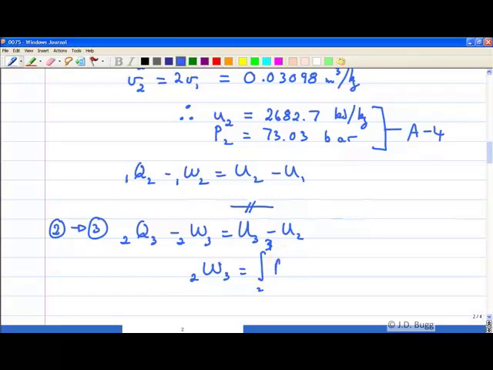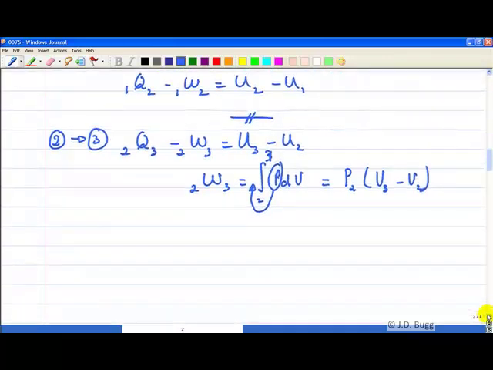So the integral from 2 to 3 of P dV, this is the constant pressure process. So we just take the pressure at the beginning times V3 minus V2. And of course this only works out this way because that pressure is a constant. It can come outside the integral, and all we're integrating is dV.